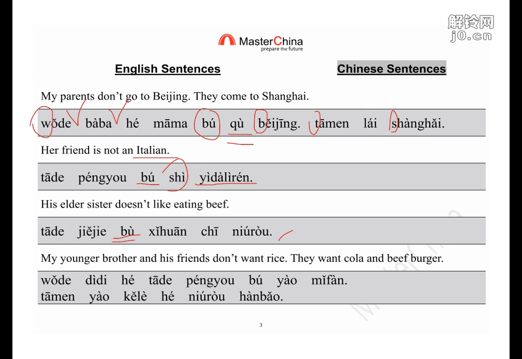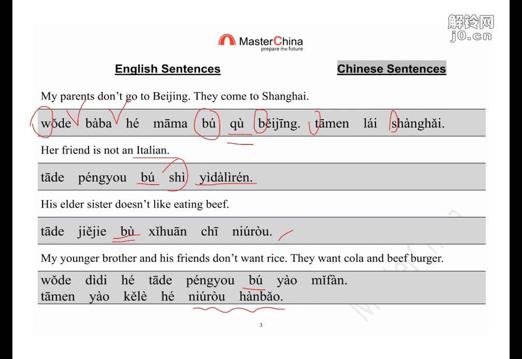Okay, next one. 我的弟弟和他的朋友不要米饭。他们要可乐和牛肉汉堡。So here is 不 again, and this one I didn't put together because there are two things. 牛肉汉堡, two concepts, but maybe you'll say the beef burger is one concept, one thing.